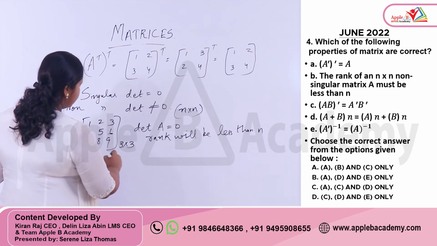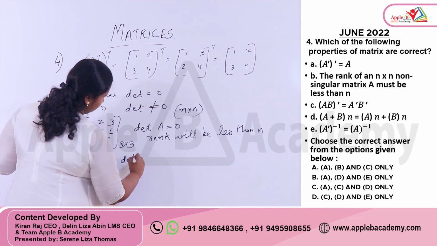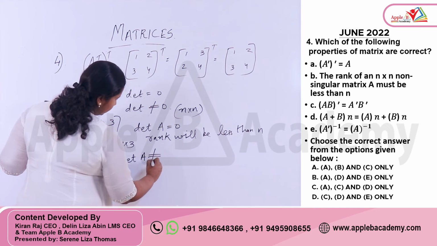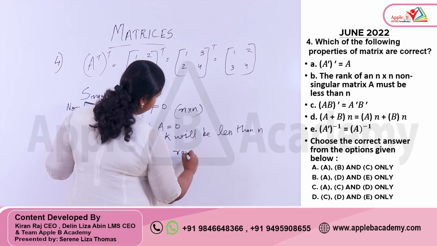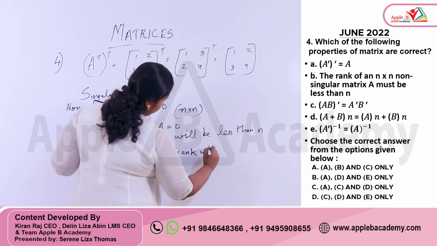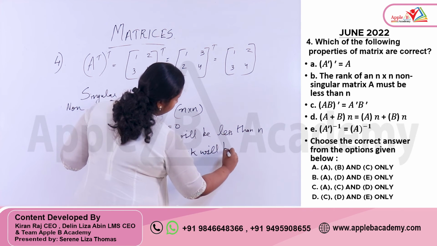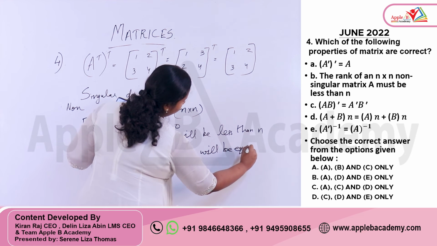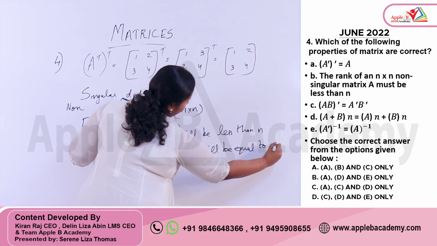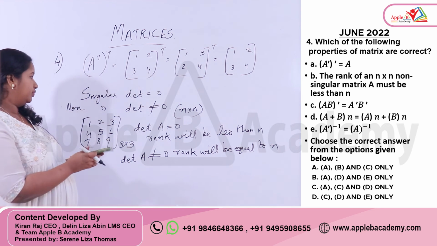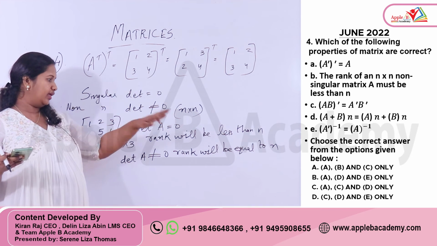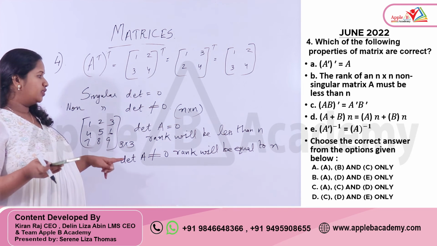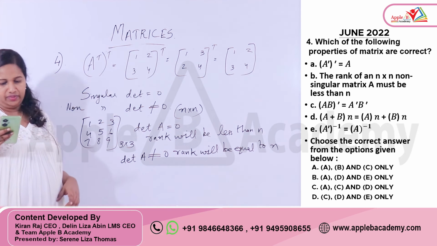If the determinant of A is not equal to 0, then the rank will be equal to n. Hope that is clear. Determinant A equal to 0, rank will be less than n. Determinant A not equal to 0, then the rank will be equal to n.